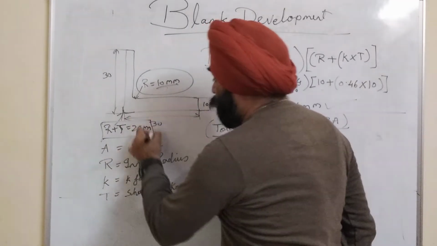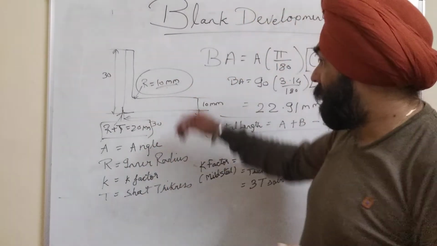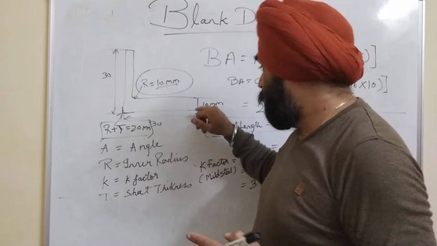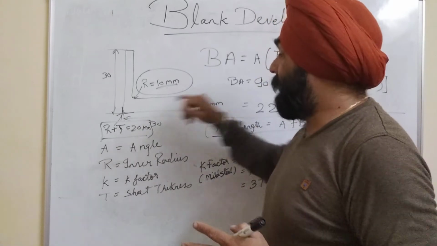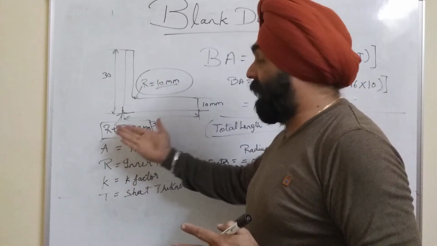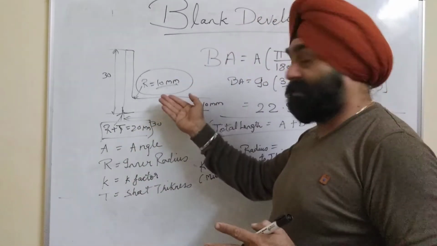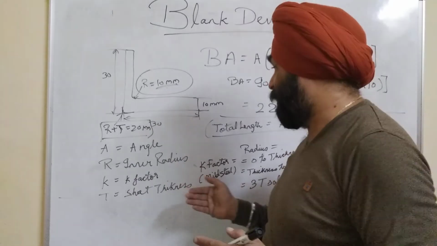So these two things you have to keep in mind: the inner radius should not be less than the sheet thickness, and the outer radius automatically will add one sheet thickness. You can have a larger inner radius but never less than 1 sheet thickness.